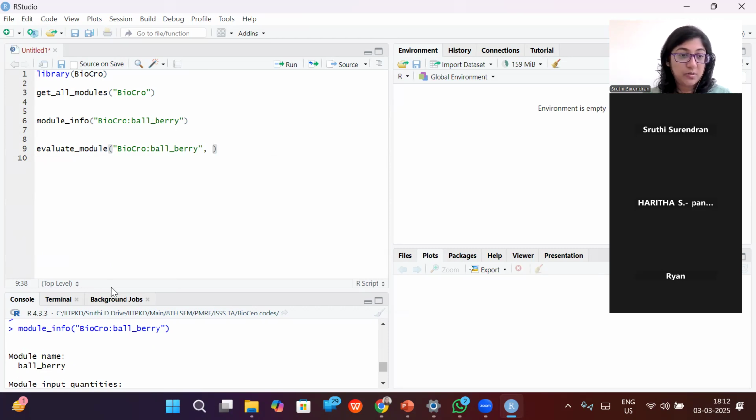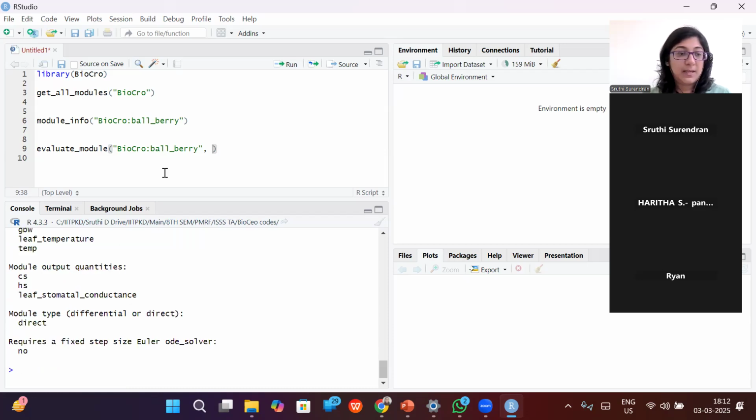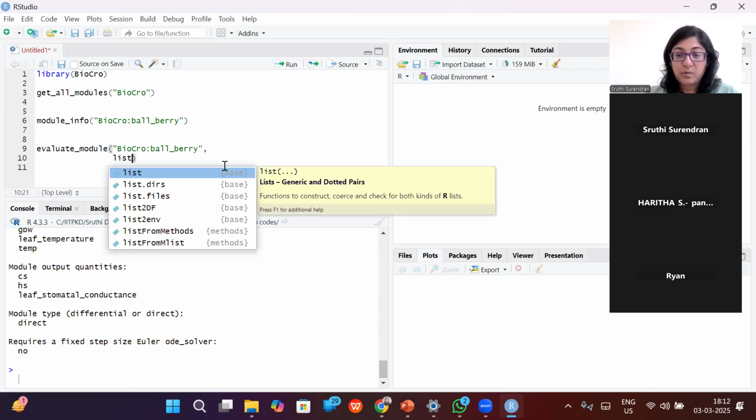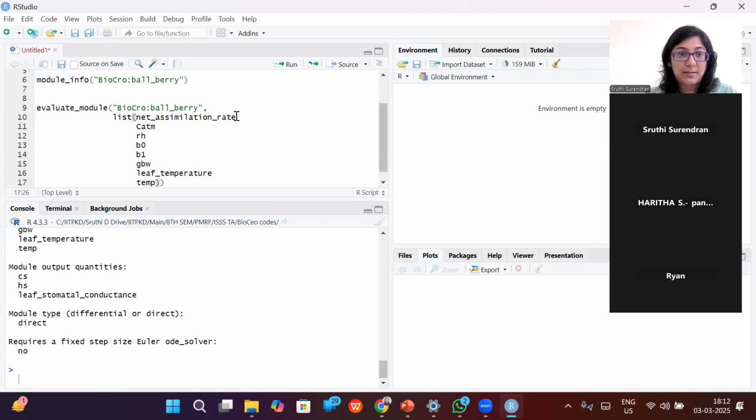These are the inputs. So I'll again copy these so that I don't mess up the names of the inputs. And BioCro requires you to give the inputs in the form of a list. So I'll use this list command and paste all these parameters here.